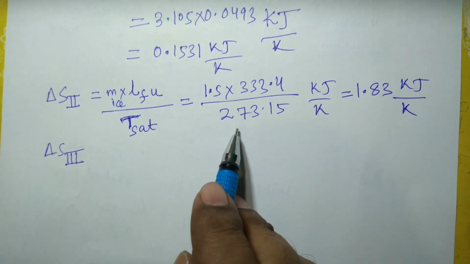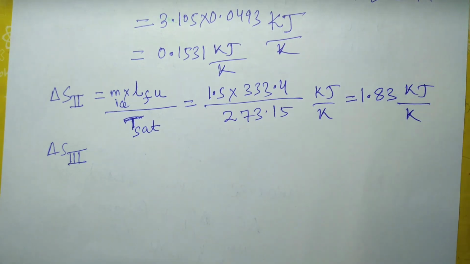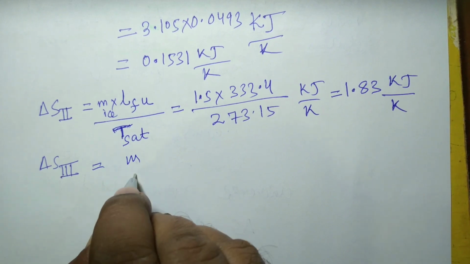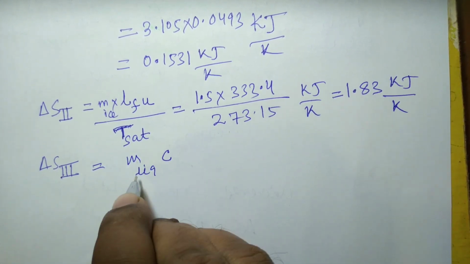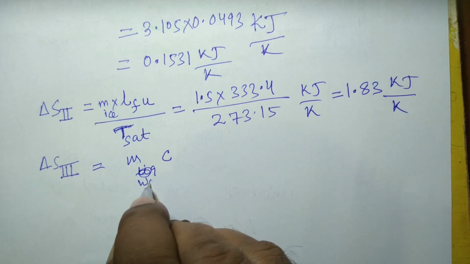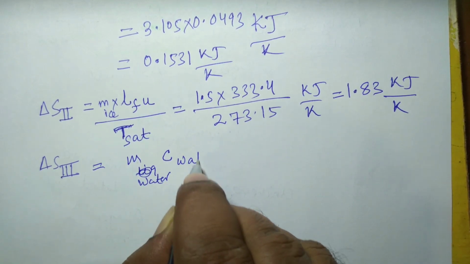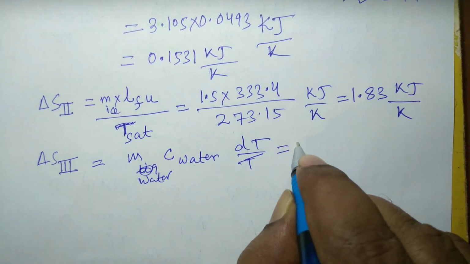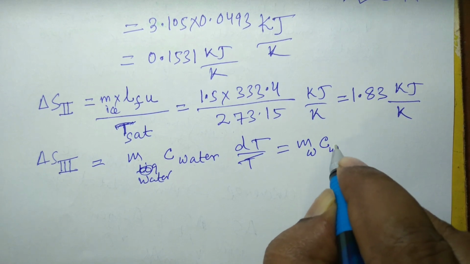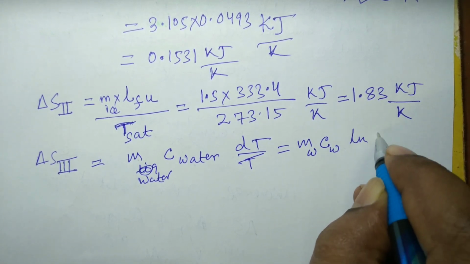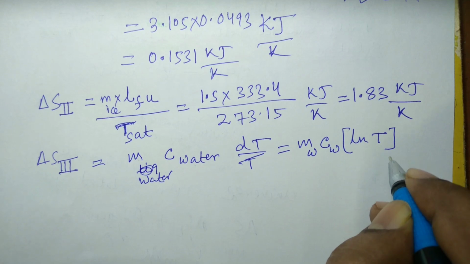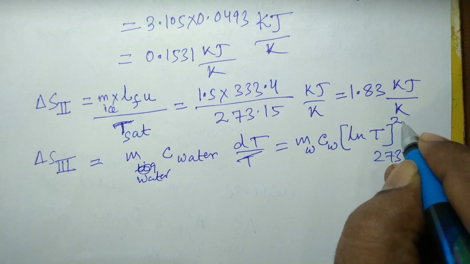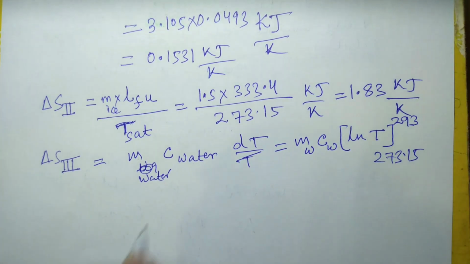So next, the third stage, when the temperature of water increases from 273.15, now it has attained the liquid state. Now it is no longer in the solid state, that is ice. So delta S3 will be M liquid, C liquid, or you can say M water, C specific heat of water, dT upon T, that is M water, C water, ln T, and the initial temperature in this case is 273.15, and the final temperature, that is the environment temperature, 293.